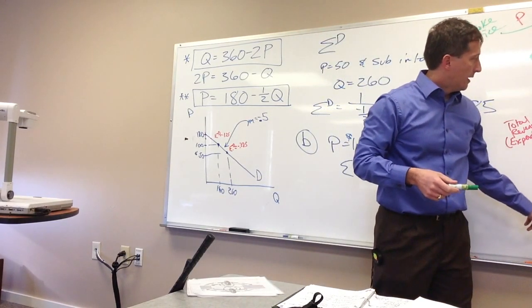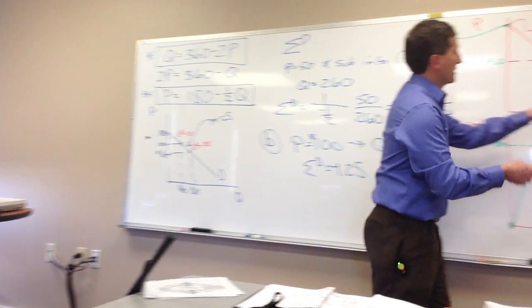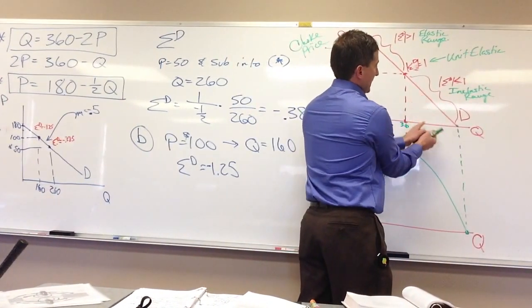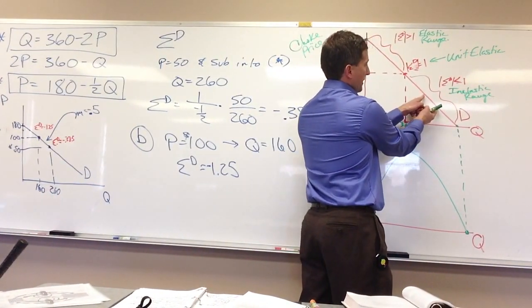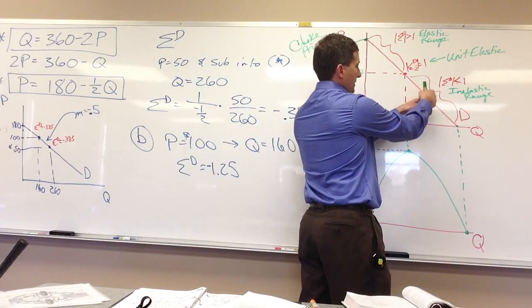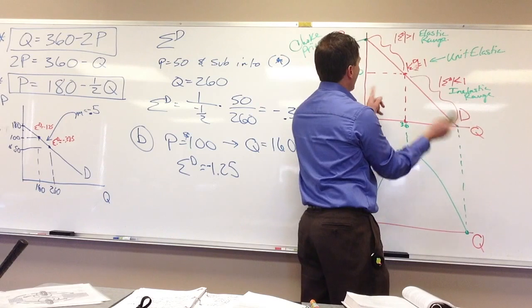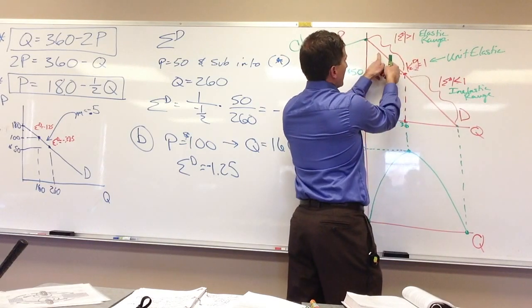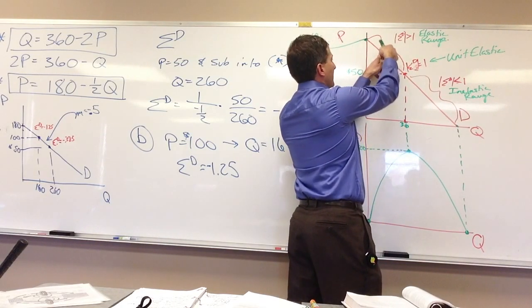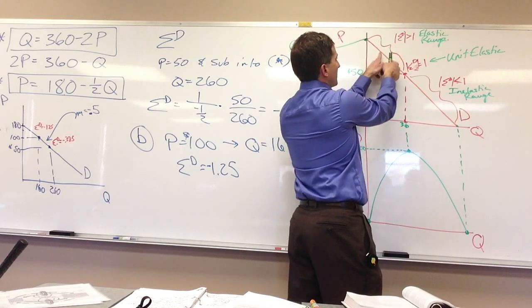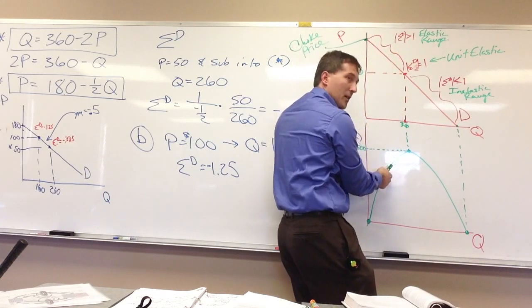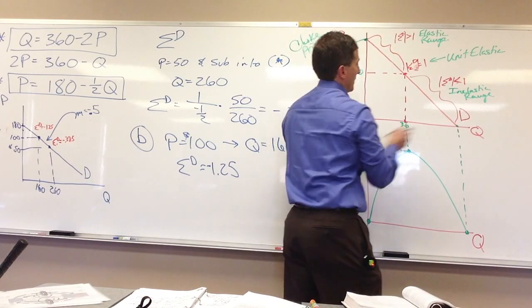And so the lesson learned here is that if you're operating in the inelastic portion of the demand, a price increase leads to a revenue increase. However, if you're operating in the elastic range, that same price increase of whatever amount, $2 or something, leads to a fall in total revenues. So that was the neat thing.